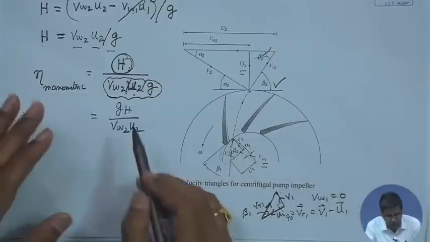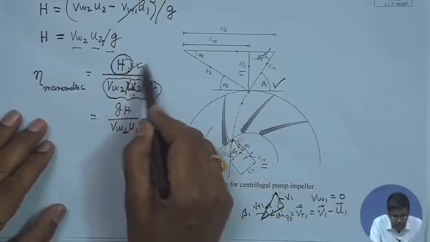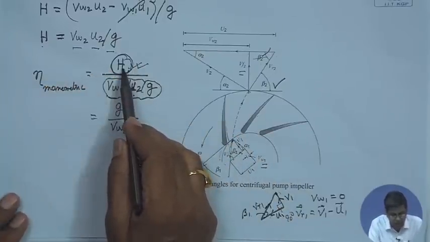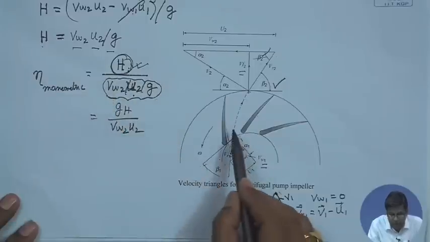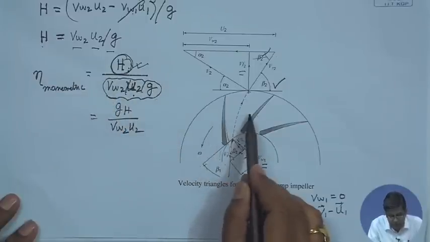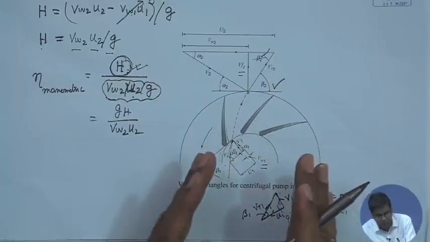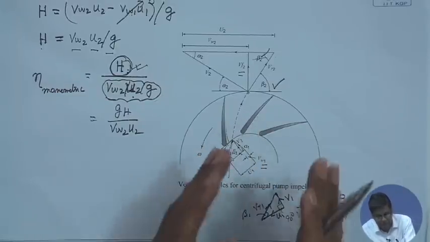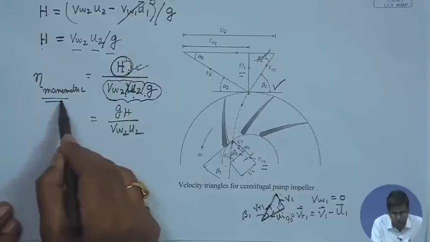Because of this viscous dissipation in the pump, the net head developed by the pump, which is the difference in total head at the outlet and inlet, will always be different from the head which has been given by the rotor to the fluid. If we consider the fluid to be inviscid, or if we neglect the viscous effect, then these two will be equal and the manometric efficiency will be 1 or 100%.